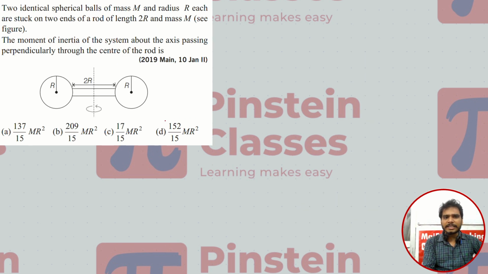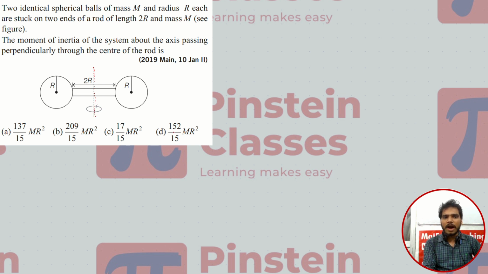In this problem, it is asked that two identical spherical balls are given, and a rod whose length is 2r, and we have to calculate the moment of inertia of this whole system about the center of mass of this rod.